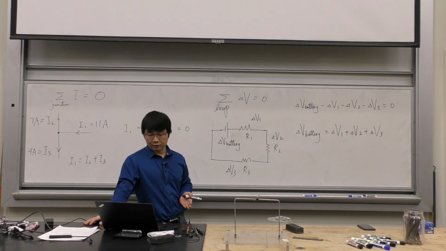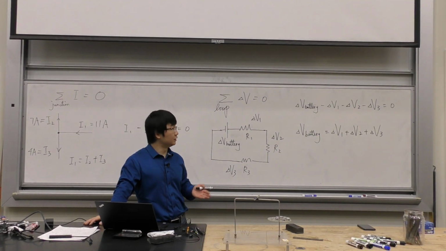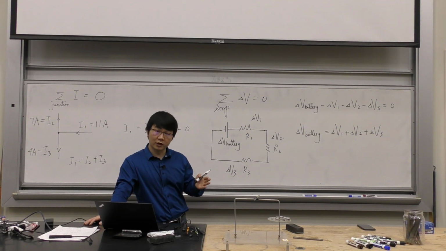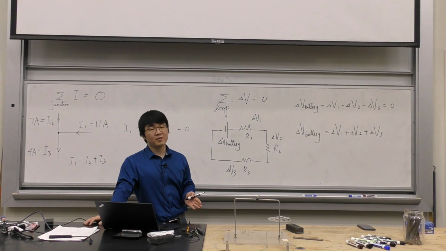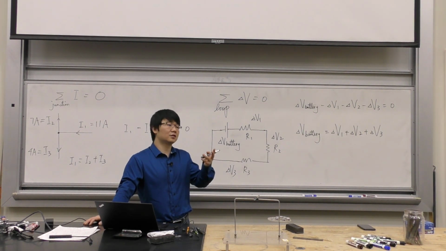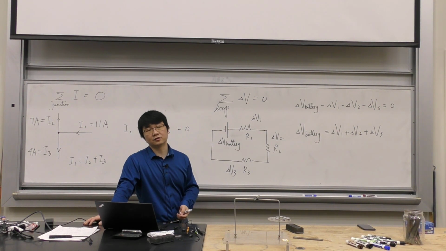So you're going to imagine you travel around the loop. This is a shortcut, okay? You can start from any point, and you can travel in any direction. Usually there are just two directions, right? Either you travel counterclockwise or clockwise.